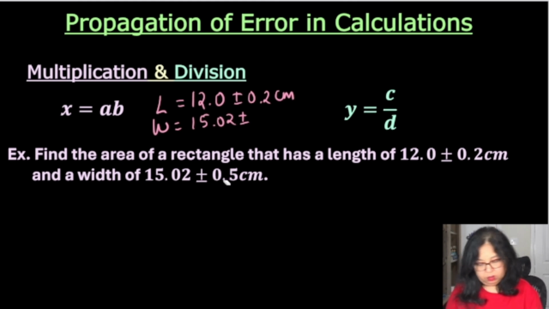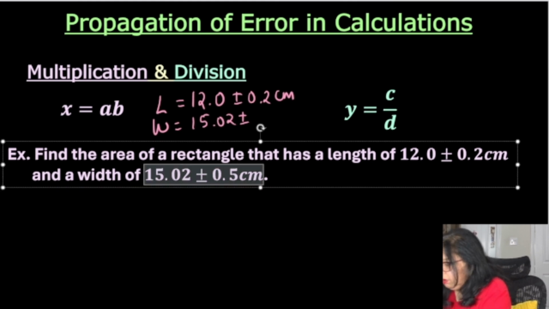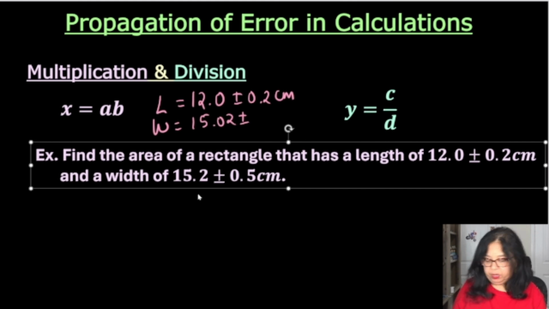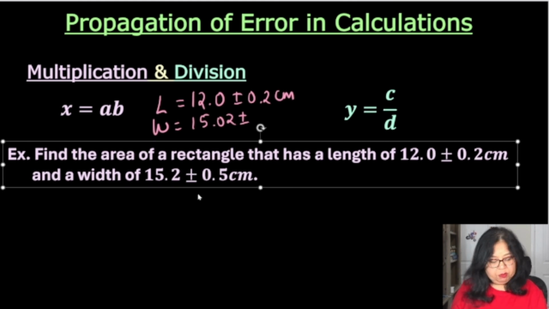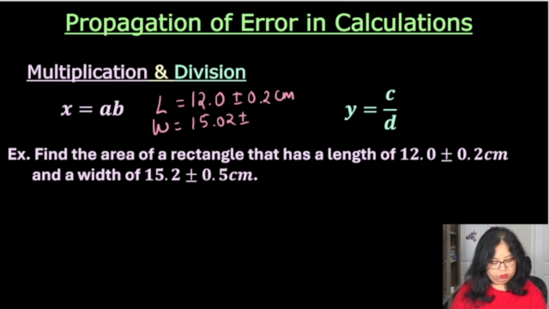Actually, let's go ahead and get rid of the 0 from here, because the number of decimal places for the uncertainty must be the same as the actual value.